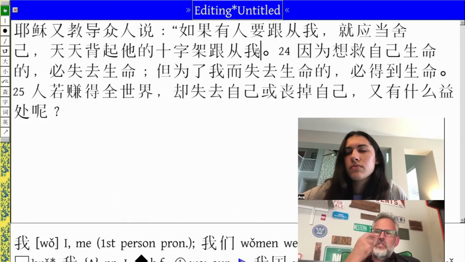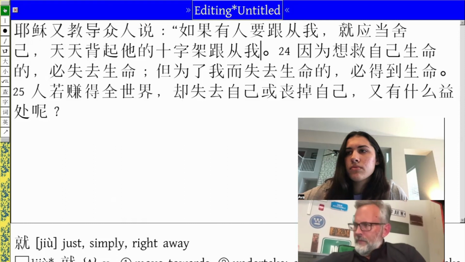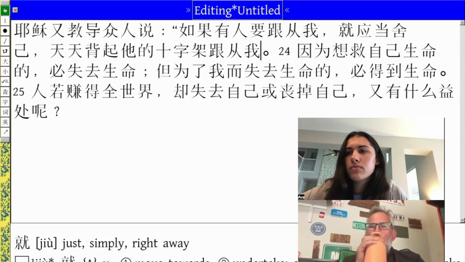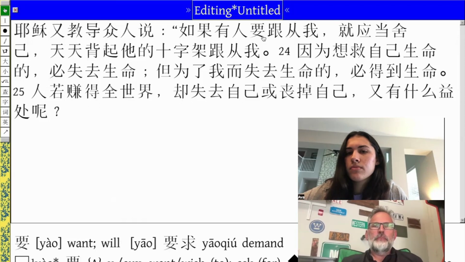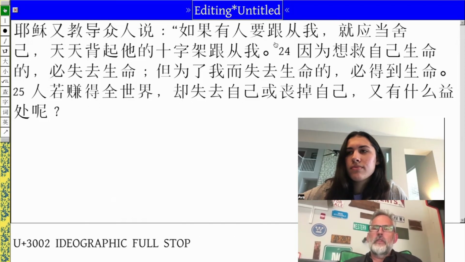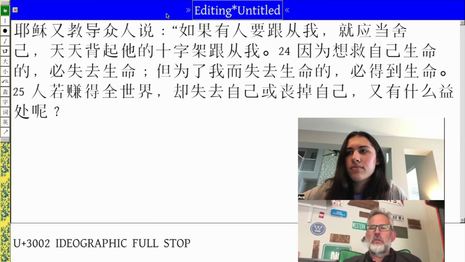This is the teaching of Jesus in Luke 9 about discipleship and following him. So pretty cool. This is the kind of verse that any Chinese believer who has followed Jesus for very long and been in a church context would know this language.